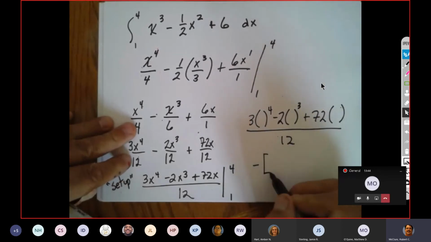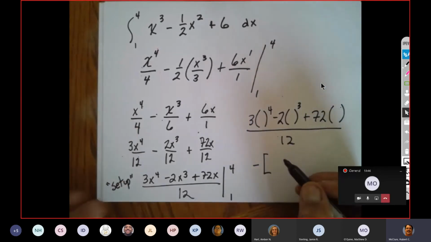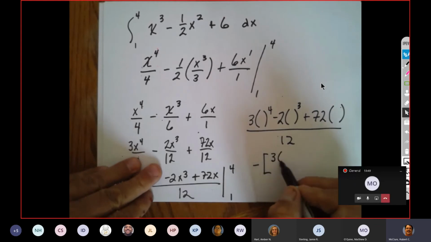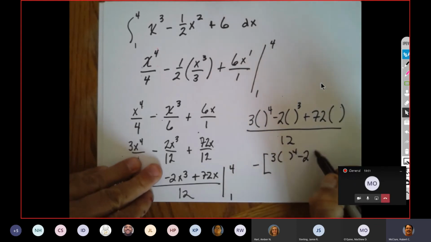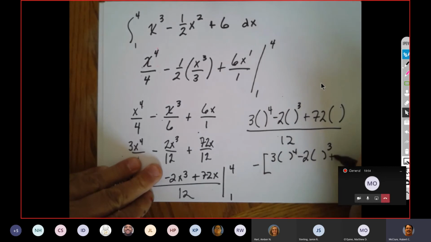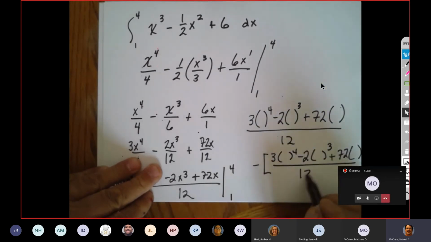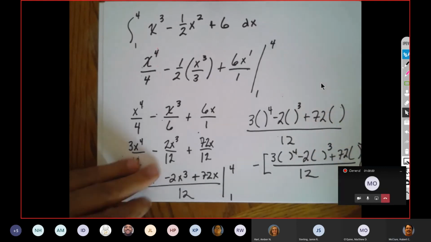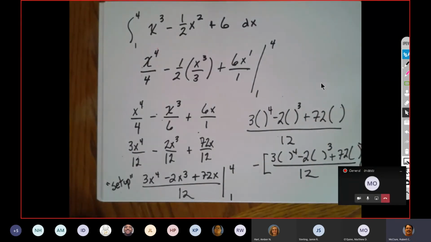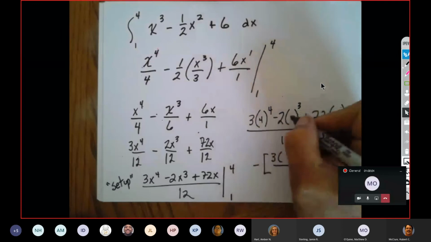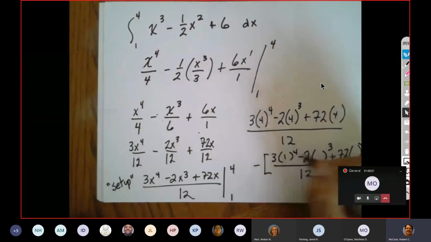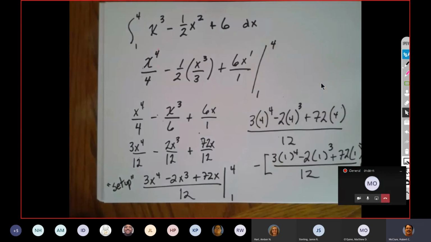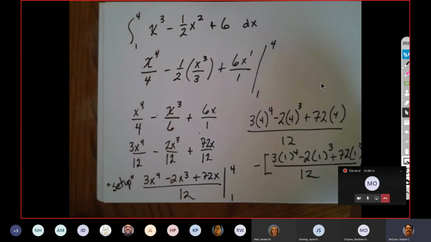I'm going to put it in brackets because that minus gives me the willies. 3 parentheses to the 4th minus 2 parentheses to the 3rd plus 72 parentheses over 12, close bracket. And I'm going to put my 4 here and my 1 here. Now I'm running out of room, so I'm going to fold this paper up.